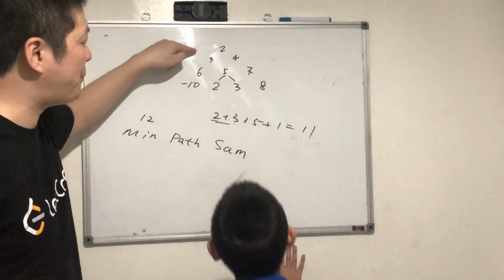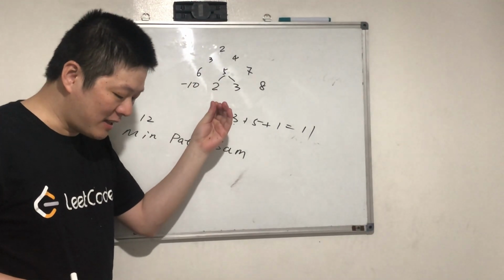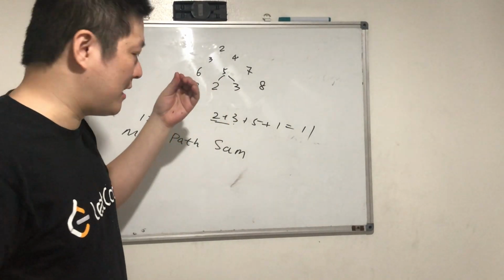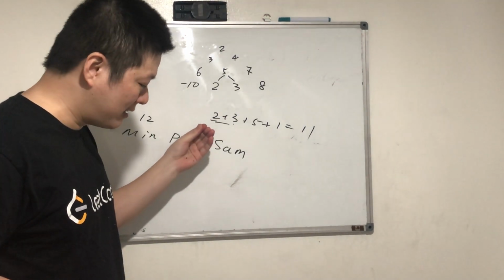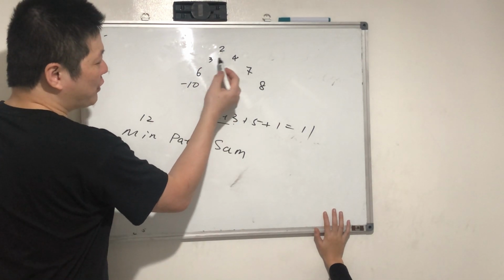We can brute force all possibilities and find out the minimum, right? So how many paths altogether? Look, for each one you have 2 possibilities.